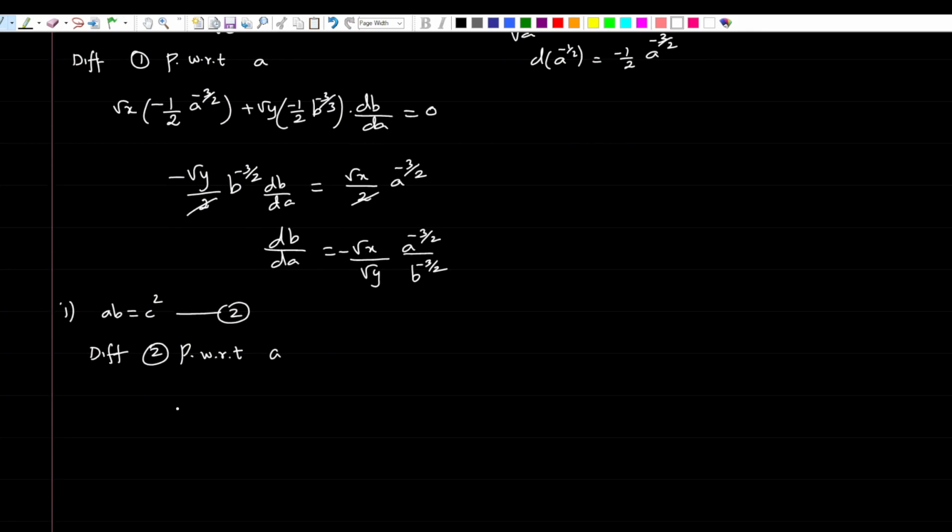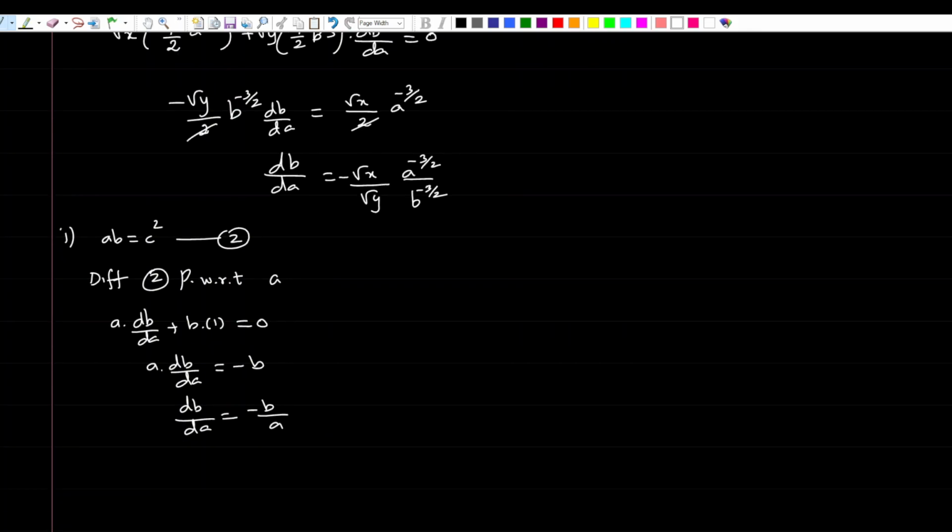So here we have to use the product rule, a into db by da plus b into 1 equal to 0, because c is constant. Therefore, in this equation we are getting a into db by da equal to minus b. Therefore, db by da equal to minus b by a.